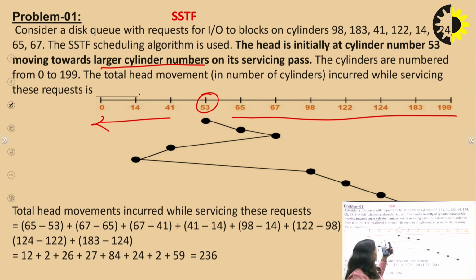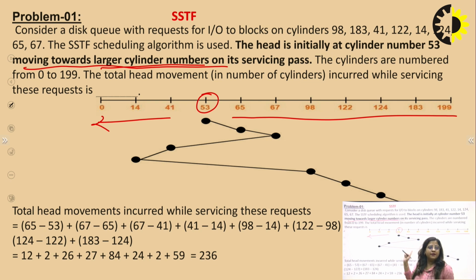At the right side of 53 all numbers are the largest, so called the larger cylinder numbers, and the left side of 53 all numbers are lower cylinder numbers. So according to the question, moving towards the larger cylinder number means you will start from the right side. Now check again SSTF also.